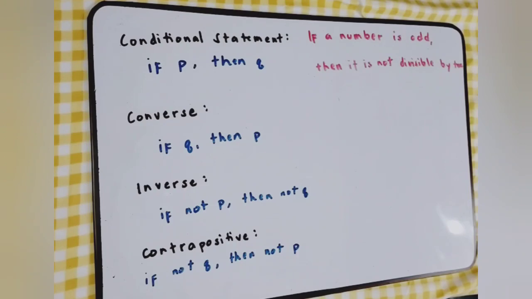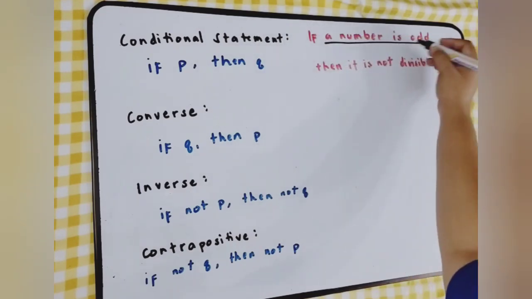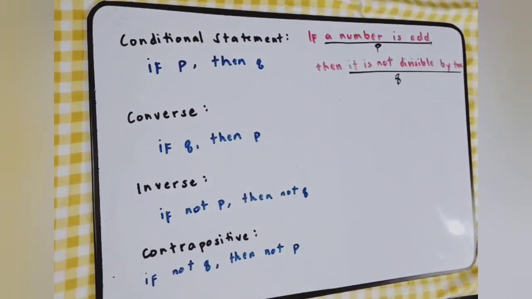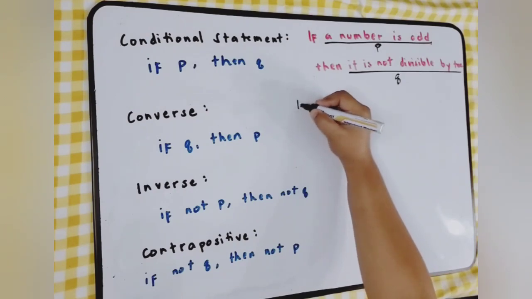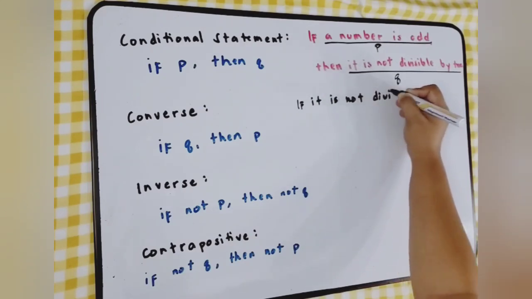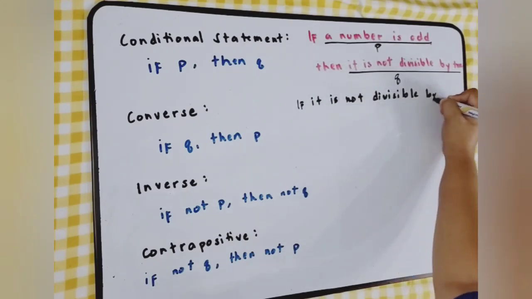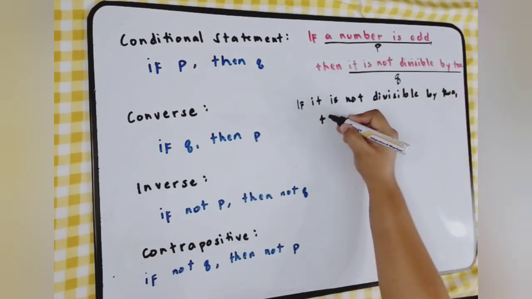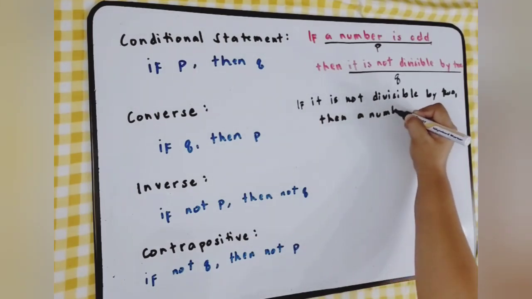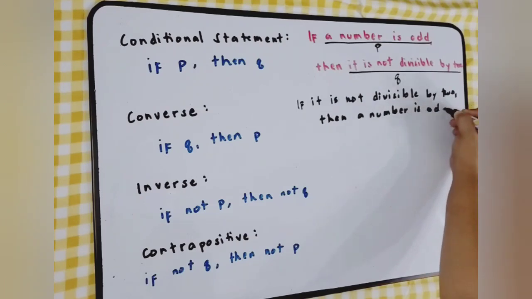Let us identify P and Q. If a number is odd, this is our P, and this is Q. So to get the converse, we interchange P and Q. It will become: if it is not divisible by 2, then a number is odd.